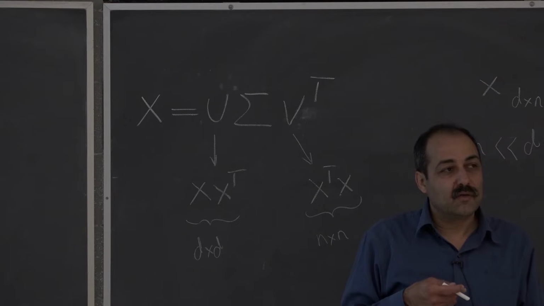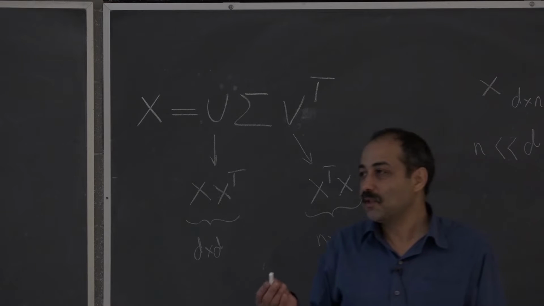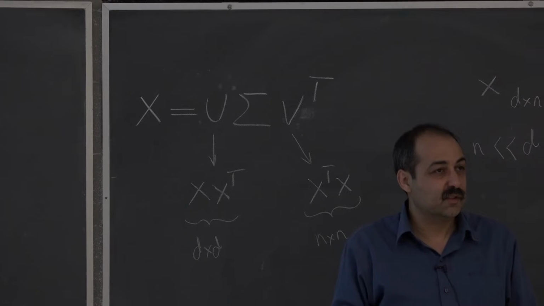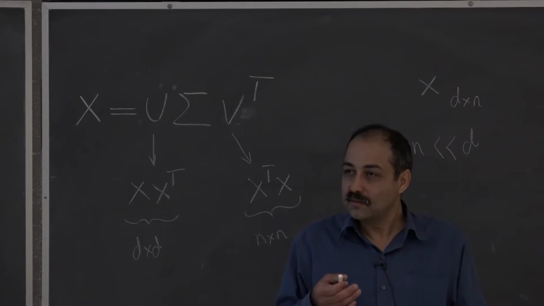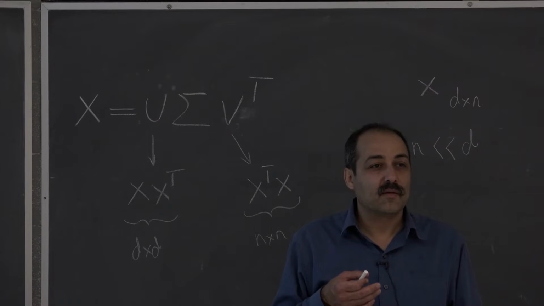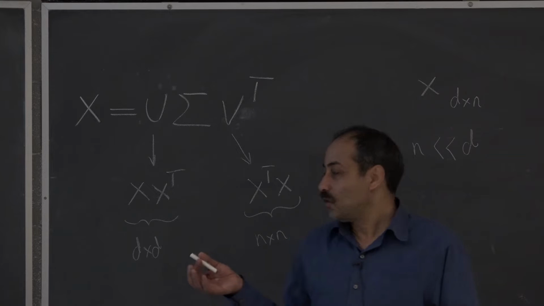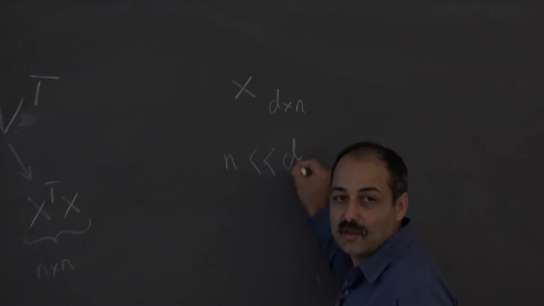We are working with images, we are working with gene expression data. In gene expression data, you have genes, expression of genes, which is a few thousand, and you have only 100 patients. So the number of data points is 100, but this is a few thousand.